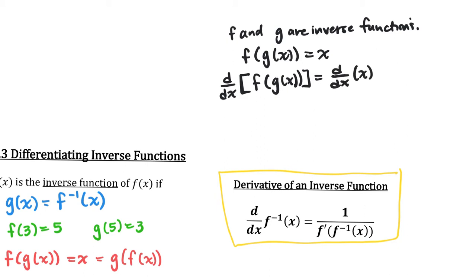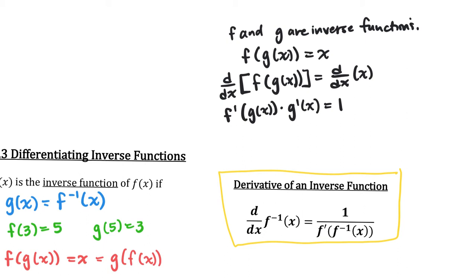I'll use the chain rule. The outer function is f, so the derivative of f is f prime of g of x, times the derivative of the inner function, which is g prime of x. The derivative of x is just 1.